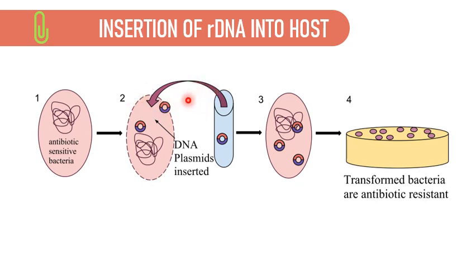Once the recombined plasmid, the vector carrying recombinant DNA, gets into the bacterial cell, it can be cultured based on its resistance selectable marker, and usually antibiotic resistance will be considered as the selectable marker. The hosts which have the antibiotic resistance will be grown in the specific medium, and those which do not will die off.